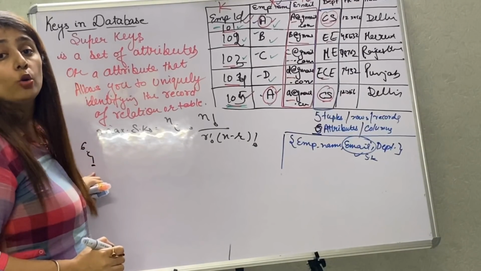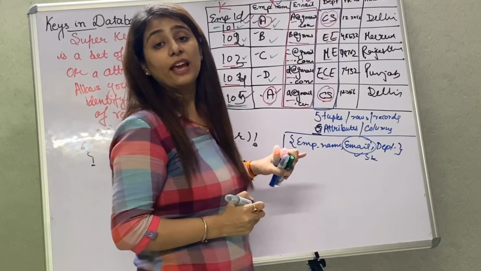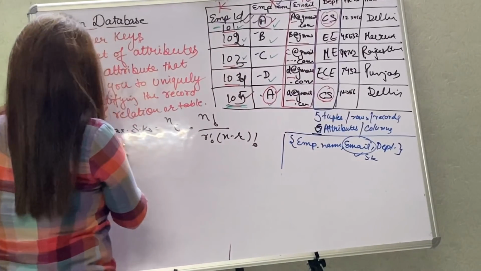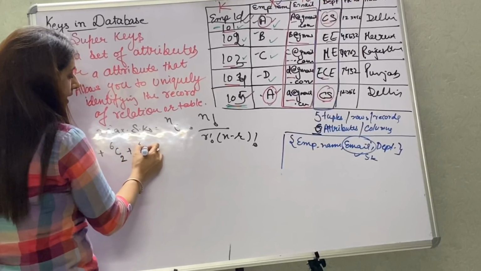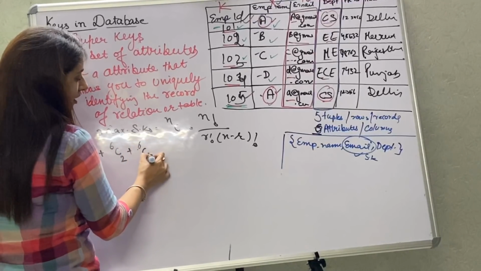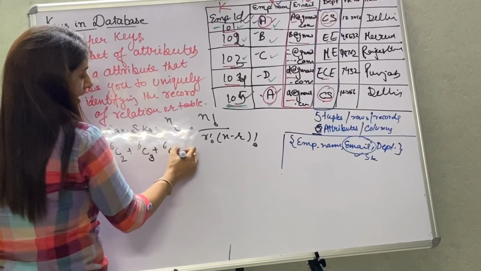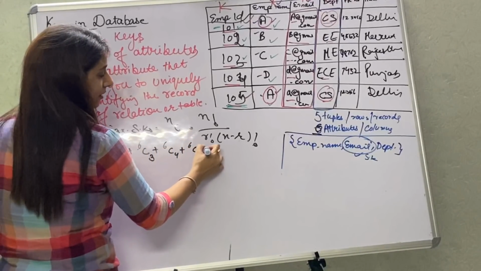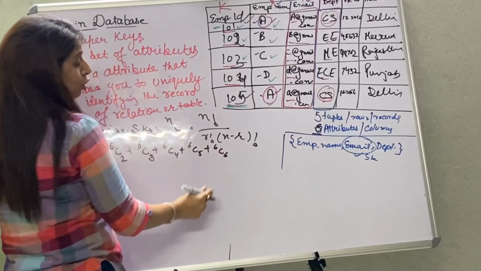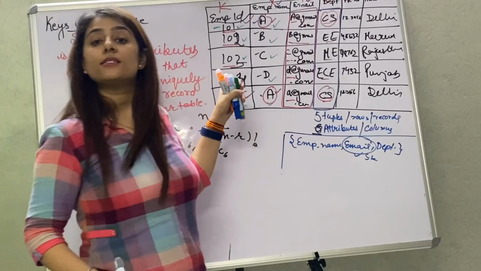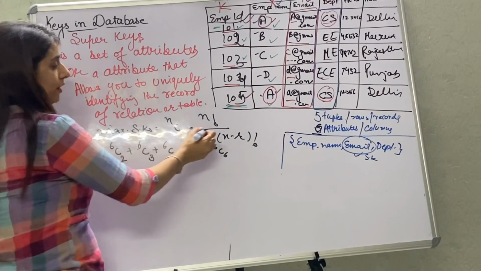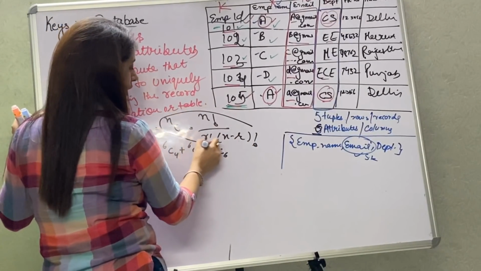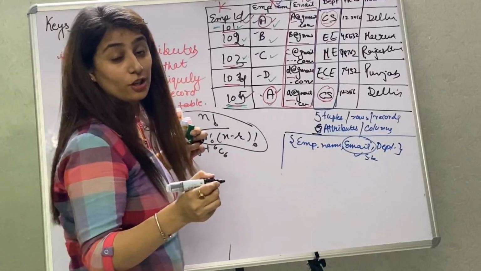Out of 6, how many super keys can there be with 1 attribute? Moving further, there can be 2, then 3, and so on, up to 6. Not more than 6, because we have only 6 attributes here. We will solve this with the help of combinations. I hope you have read about permutation and combination.